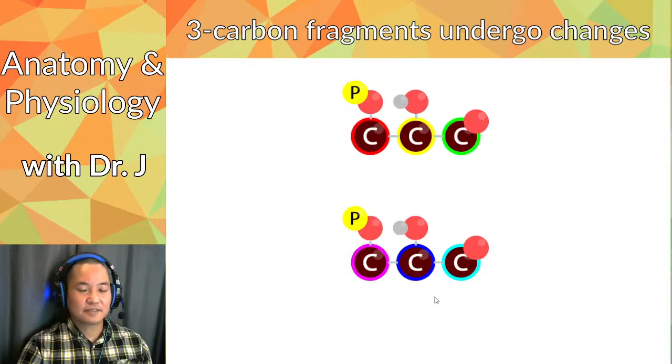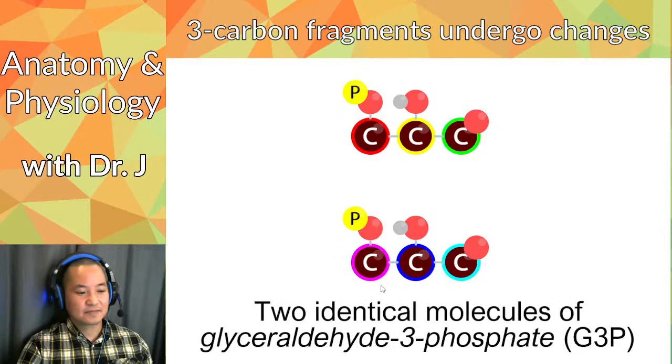They're not identical at first, but they eventually become identical, and these molecules are called G3P. This is more like a common question if you're taking the MCAT or going to med school. But what I'm getting at is, you take 6 carbons, you break them apart, you shuffle them around, and now you have 2 molecules that have the same structure.